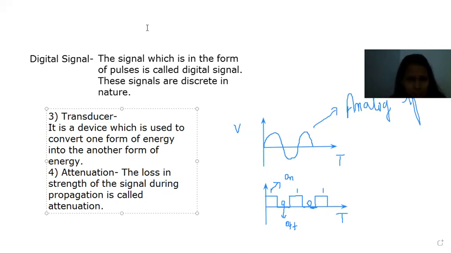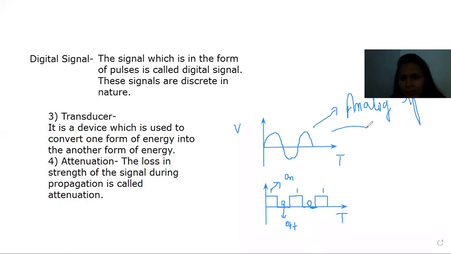Suppose this is the message signal. When this message signal, after being converted into electrical signal, travels through the channel, then suppose it will be like this.